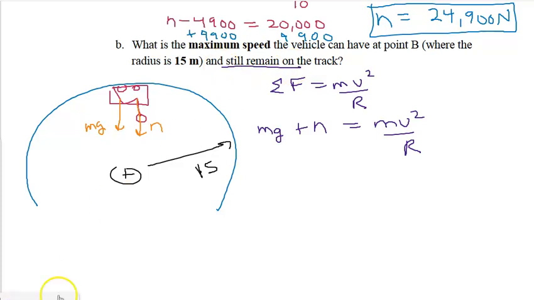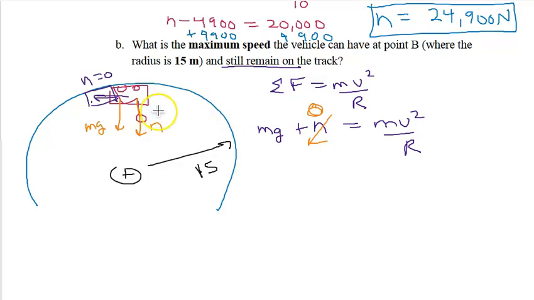Remaining on the track means the normal is 0, or like it's about to go to 0. So we're going to set that equal to 0 and figure out the speed we're solving for. The normal will be 0 for a split second, but because the person has velocity, they'll literally drive themselves into the track and the normal will not be 0.